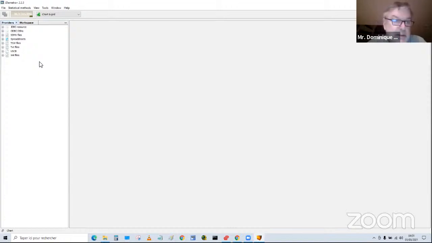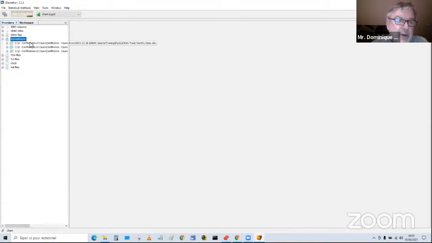So the first thing you have to do is to load the data. So you go to, I don't know where the monthly data is on your computer, but I'm going to open it. I already did, in fact. I already put a star on it. So I already have my data in GD+. So I give you some time just to load the data.